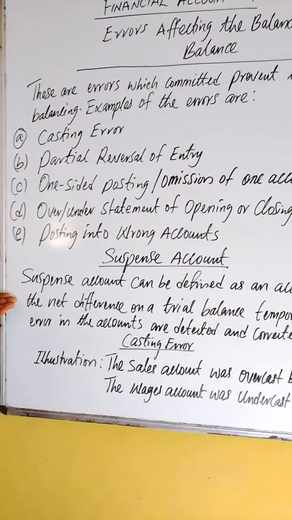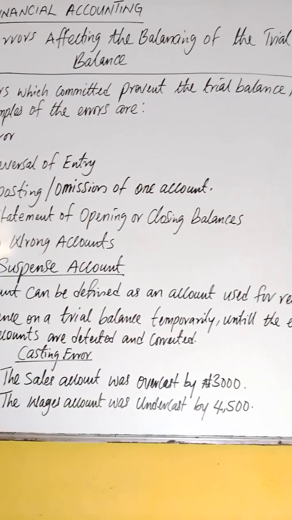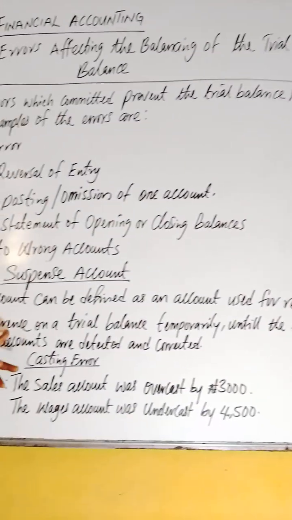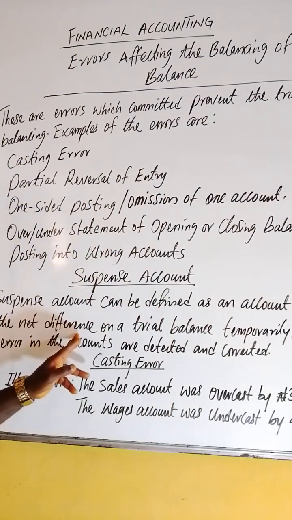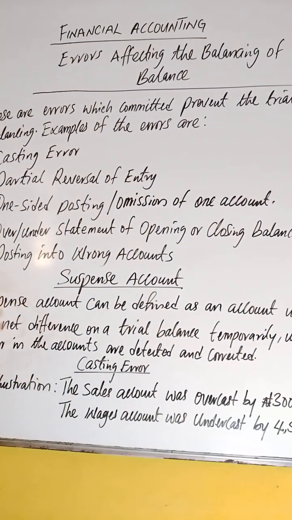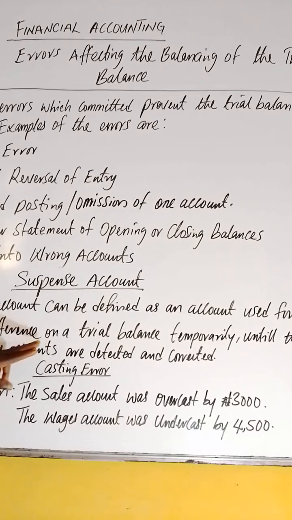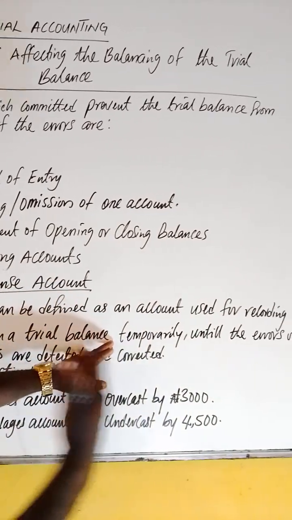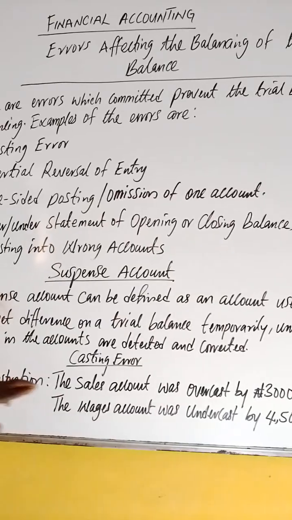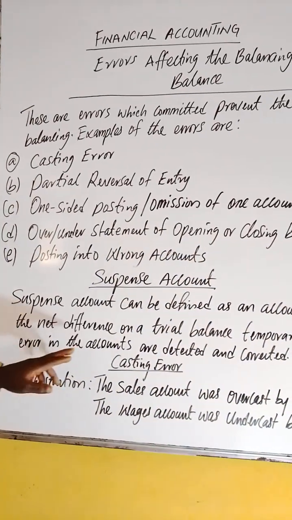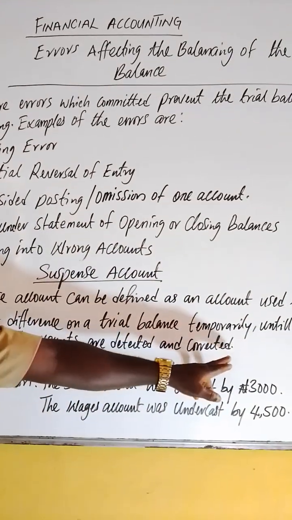A suspense account can be defined as an account used for recording the net difference that occurs in the trial balance. That is, when you prepare your trial balance and it doesn't agree, the difference that arises is called the net difference, and it is kept temporarily until the errors in the accounts are detected and corrected.